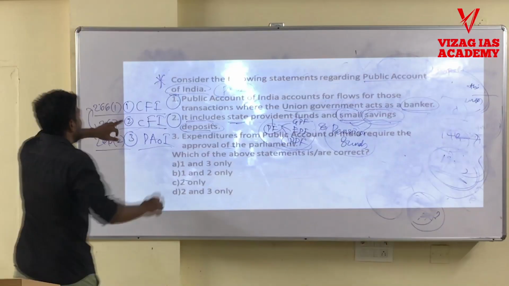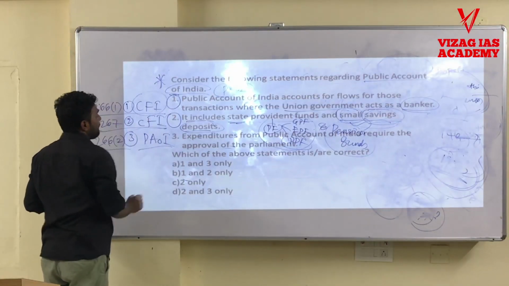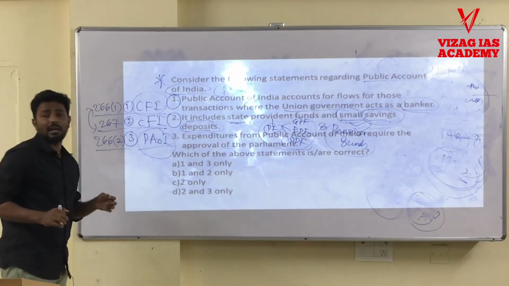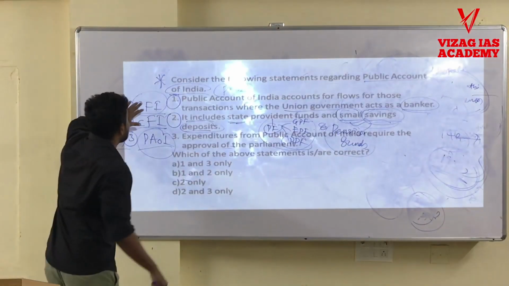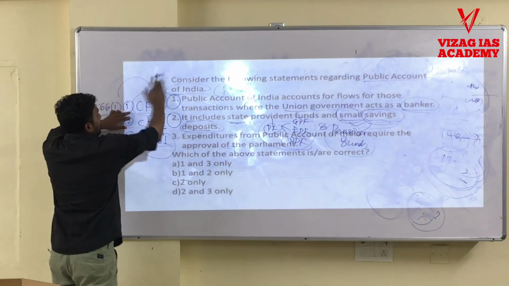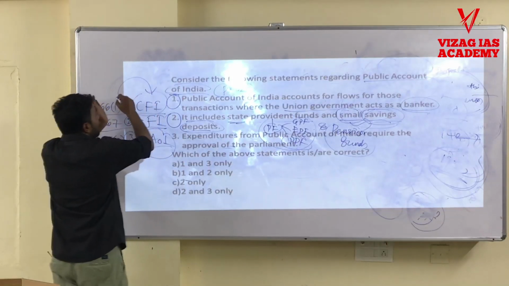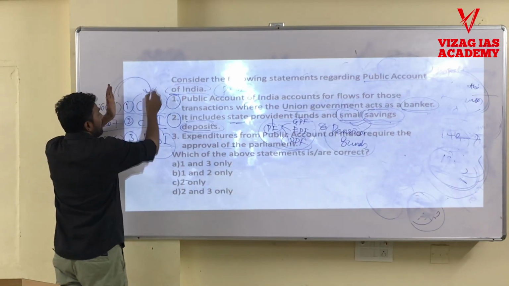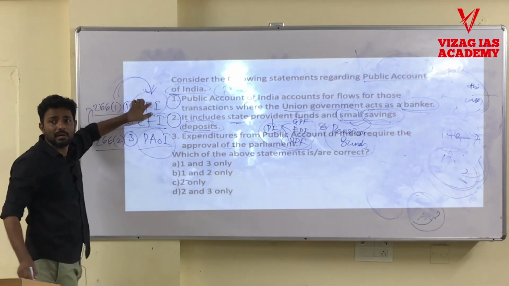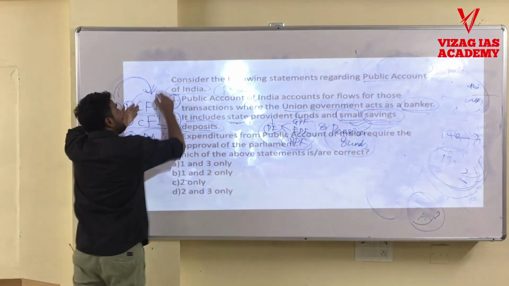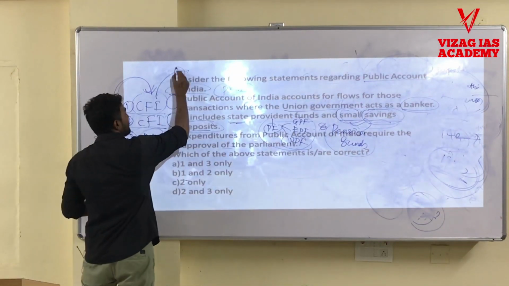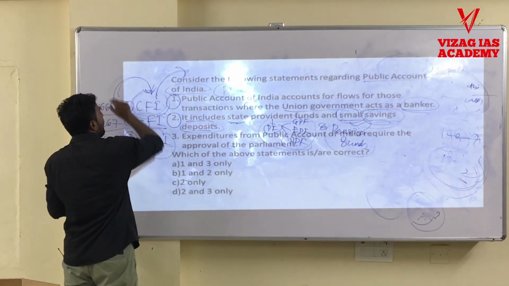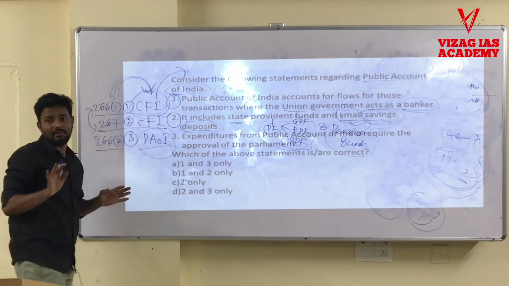What is the difference between the Consolidated Fund of India and the Public Account of India? All the money that comes from various sources goes into the Consolidated Fund of India.